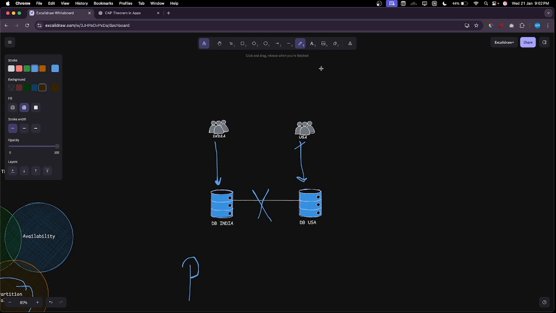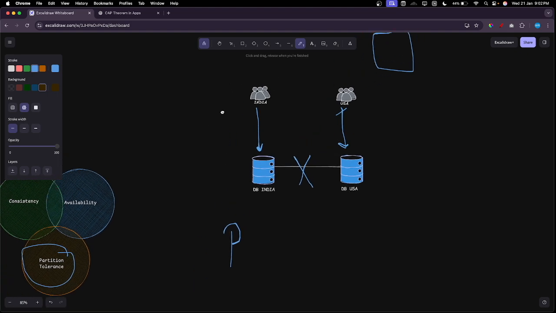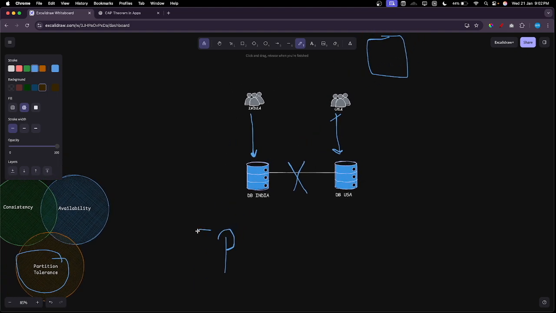Still, the USA user will get the data. Yes, it's definitely old data, but the US user is still able to access it. So that is what availability is. So here, sorry, we have guaranteed availability and partition tolerance.